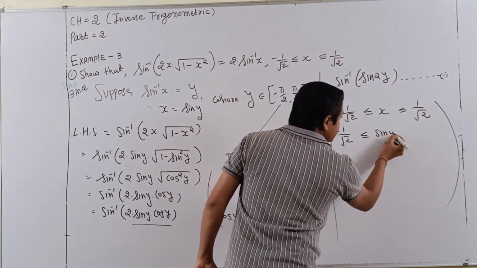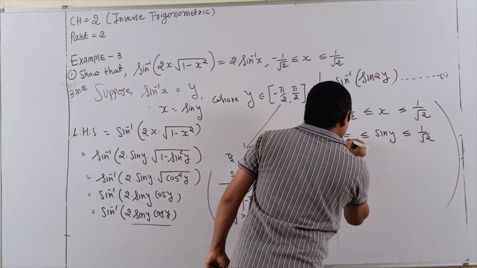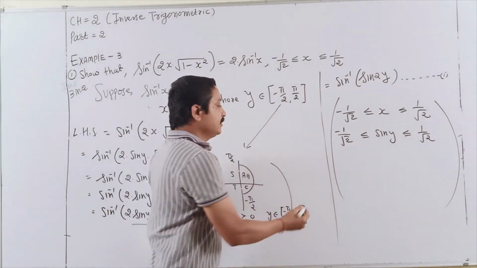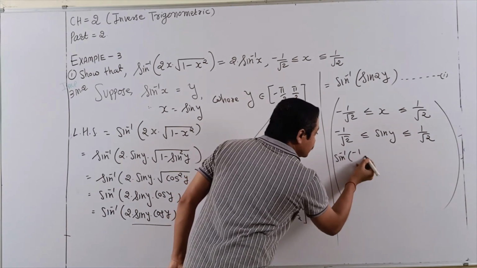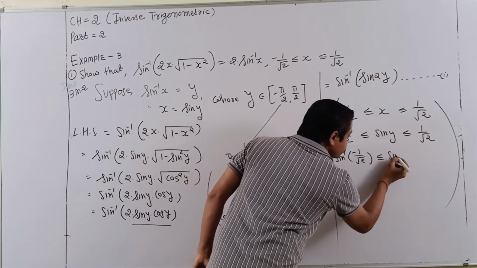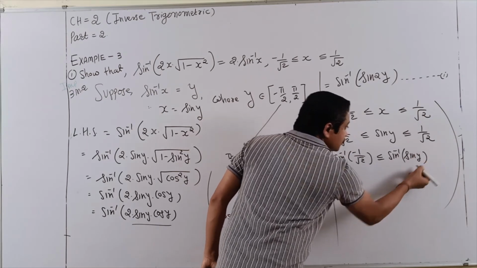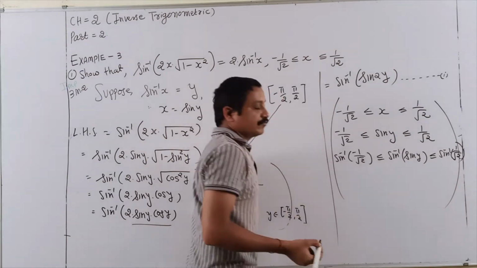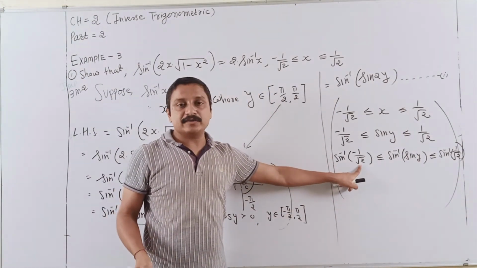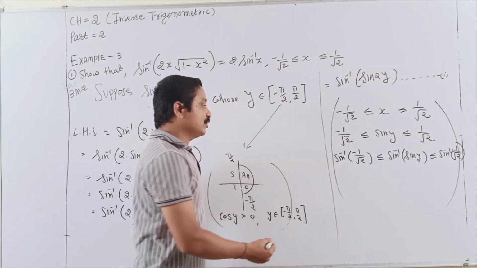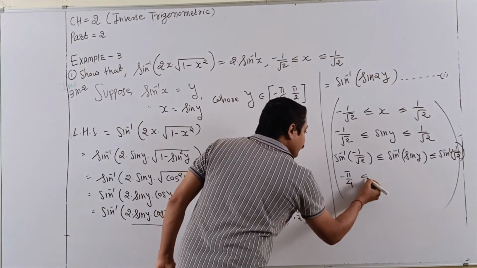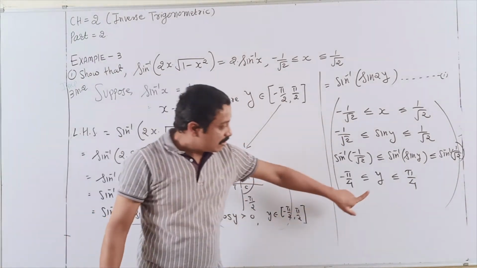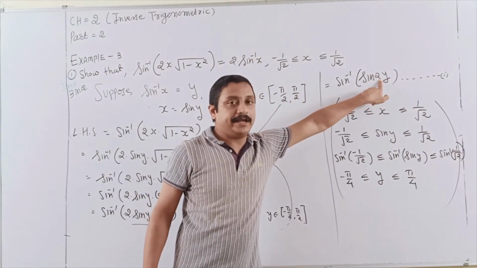And x is what? Sin y. Now sin y, converting into only y, I am taking sine inverse of each term. Sine inverse of minus 1 by root 2, and here also sine inverse of 1 by root 2. Now students, when sin is minus 1 by root 2, our theorem says it is minus 45 here for y, and here 45. But students, this y value I am checking in 2y.